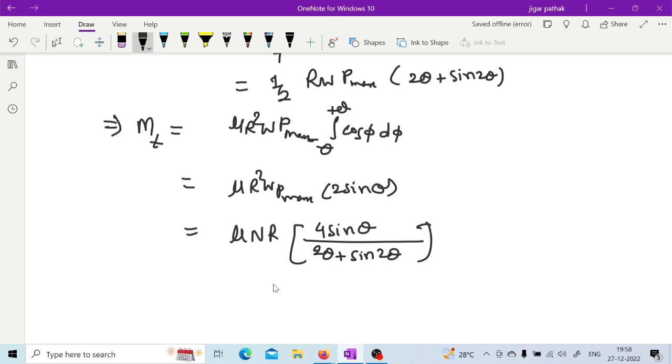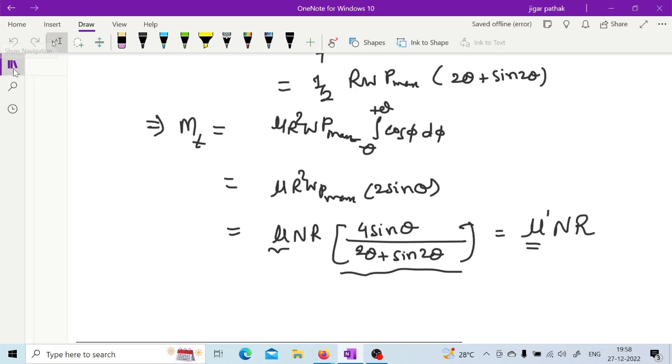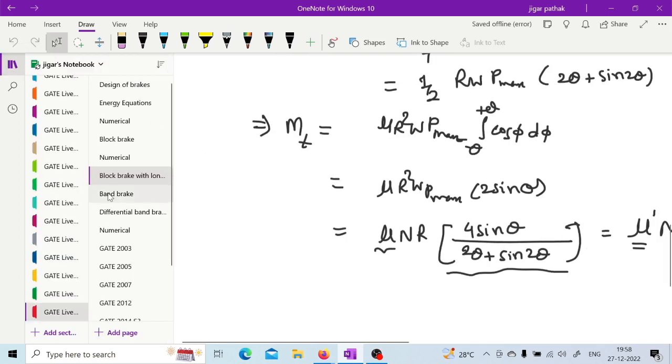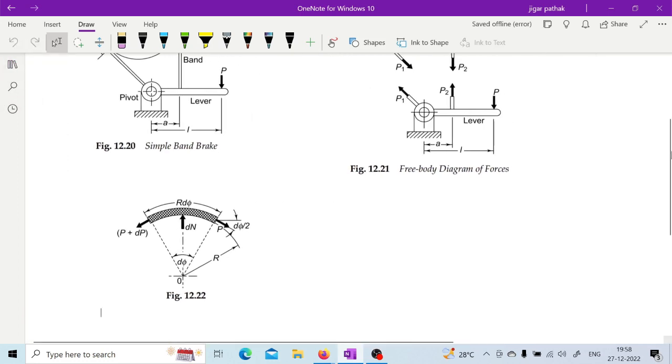So finally you can write it as mu dash N r. Mu dash is this equivalent coefficient of friction, which can be represented with the multiplication of mu and this term. So this is how you will get this particular mu dash when you are considering the long shoe. With this explanation about the long shoe, we can go to the band brake.